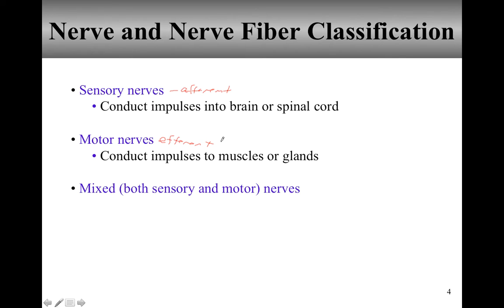Most of the nerves we have in our body are mixed nerves, where they're conducting impulses to and from the central nervous system. All of our spinal nerves are mixed nerves, except for the first pair.